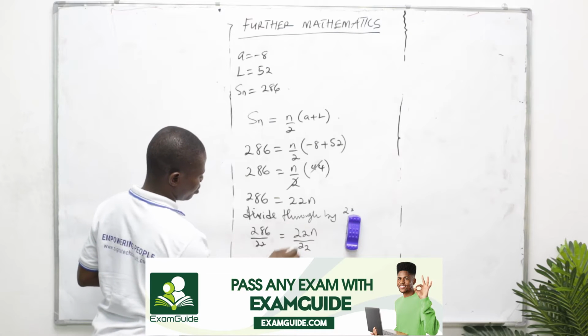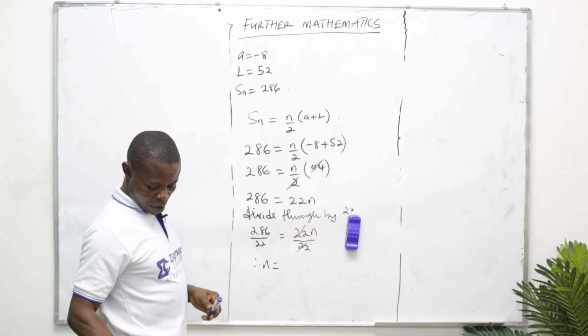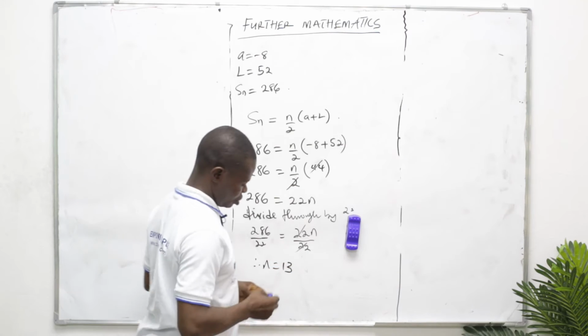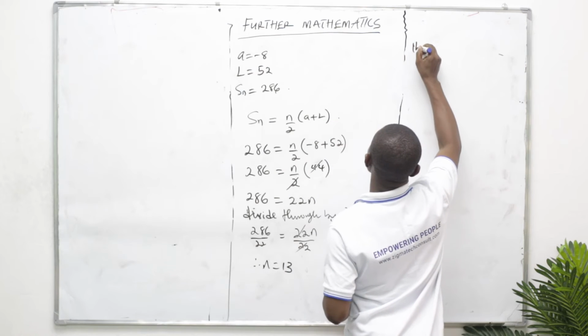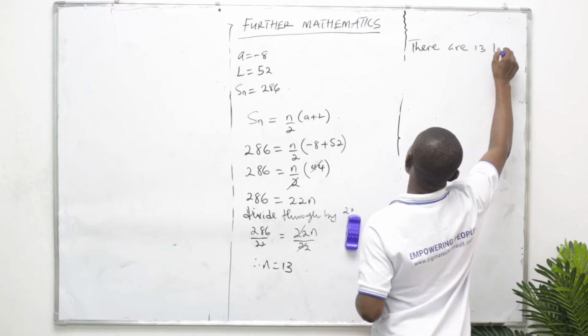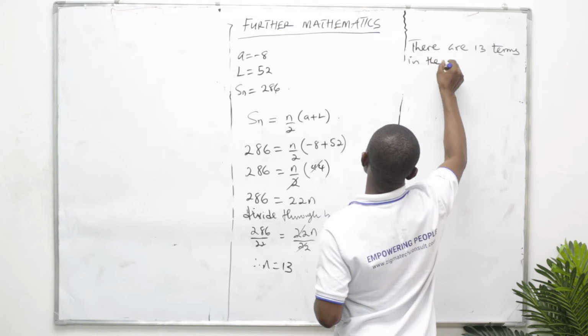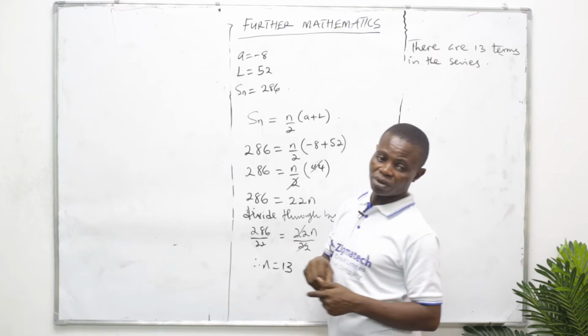Therefore, n equals 286 all over 22, 13. How many terms are there in the series? There are 13 terms in the series. So n is what? 13.